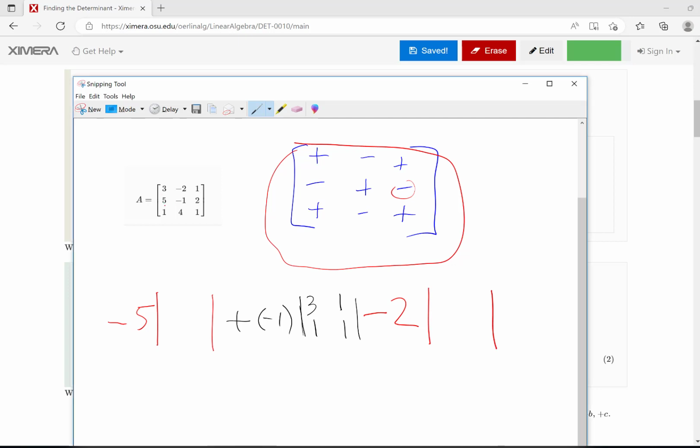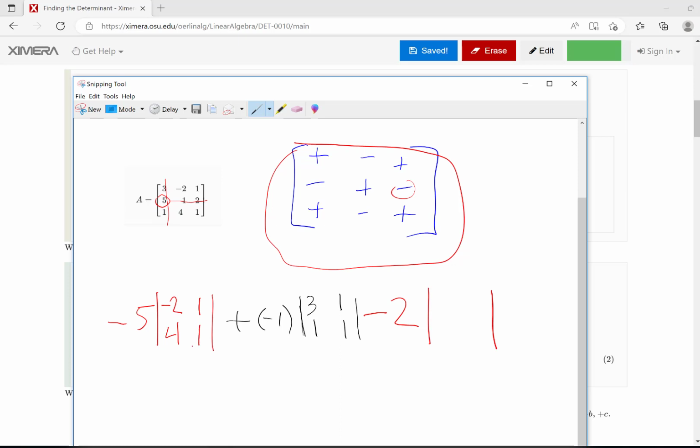So when I look at the 5, I notice that it should be negative. I have -5. And the 2 by 2 matrix, if I cross out the row that the 5 is in and the column that the 5 is in, and I look at the other entries, I see I have left a -2, a +1, a +4, and a +1.